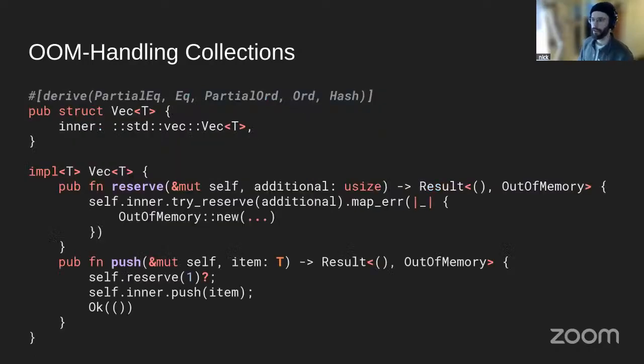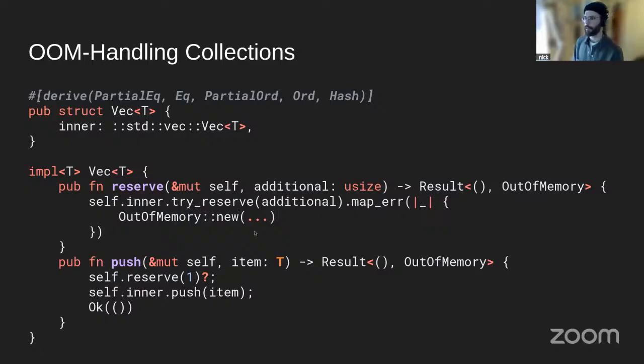And then generally what we do is we don't implement the collection ourselves from scratch as much as possible. Instead, we're wrapping over the standard library's versions of these things. So for vec, we define a vec_t, but then the inner is just the standard library's vec_t, because the standard library provides an API try_reserve.